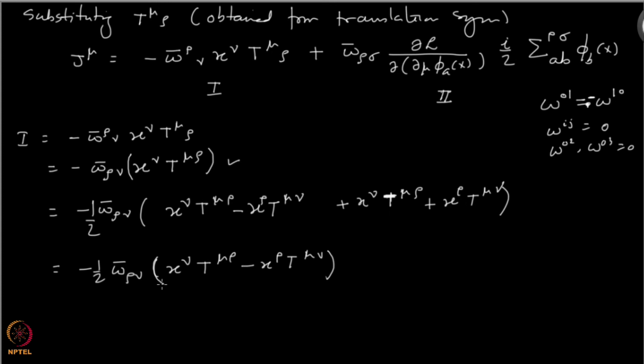Okay, now I define this object to be m orbital. So see, this is an object with 3 indices, right? So I define m mu nu rho orbital to be the following: x nu t mu rho minus x rho t mu nu.